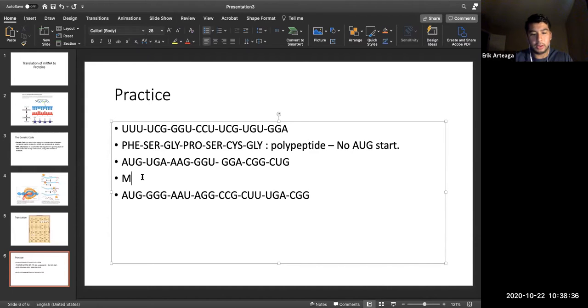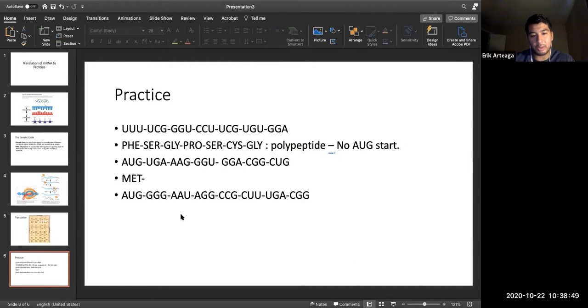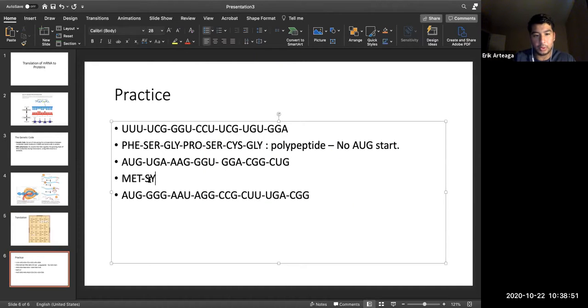So AUG is always going to be methionine. Remember, methionine is always going to be the first amino acid in a protein sequence, because AUG is a start codon. Then we have UAG. UAG is stop. You should be able to identify that. Nothing will happen after this.